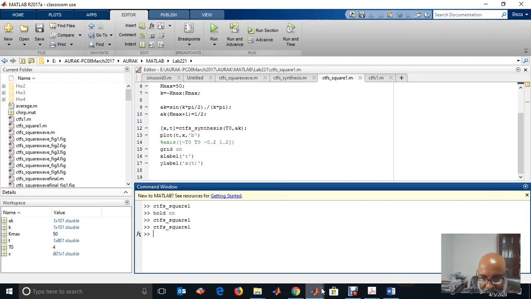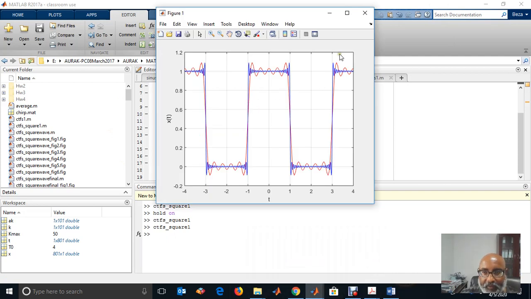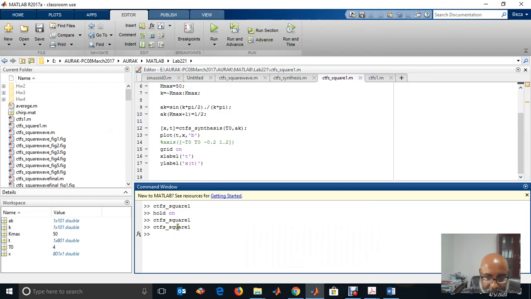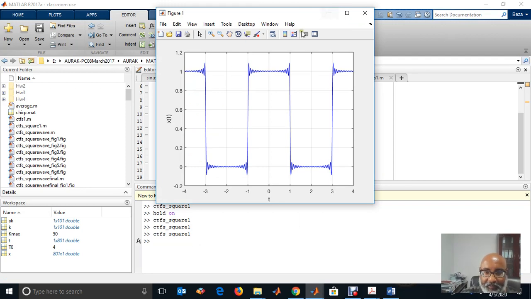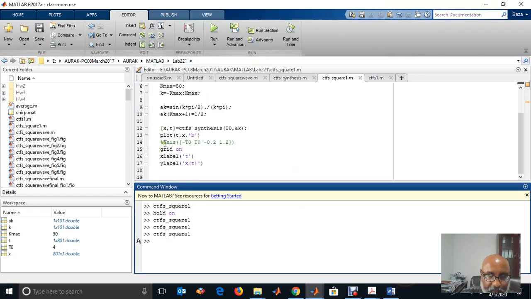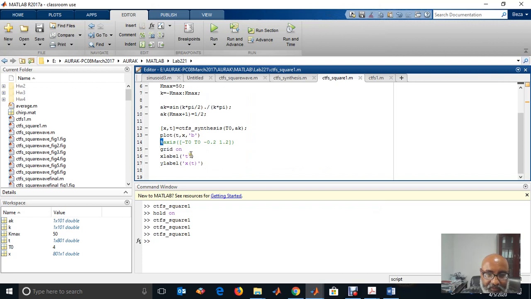See, then I have again the plot of the square pulse. You see, this is for K max 50. It will use its own axis interval. If you put a percentage sign here, that means it will not execute this. So you can do that.